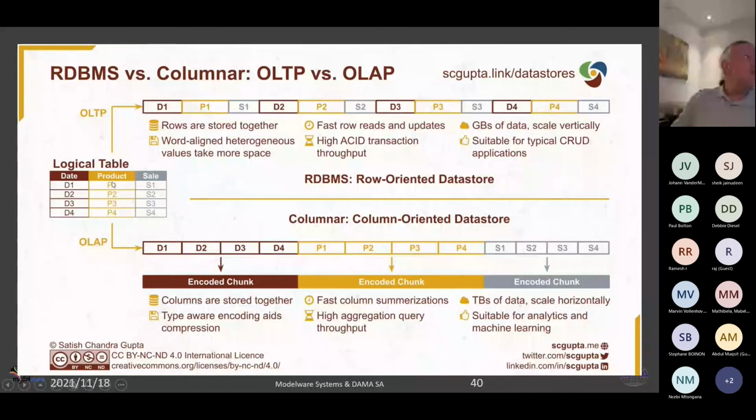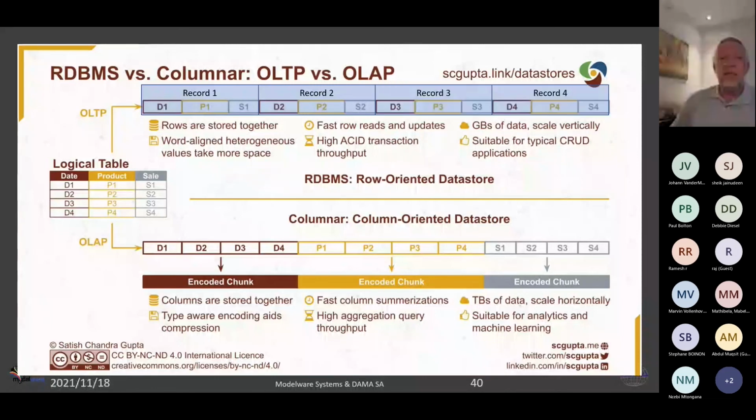Now, when you go into OLTP or relational, it stores record 1, record 2, record 3, record 4 into a block. And a block is typically 8K. You can change it, but each time you go over the block, you create another block, and your IO is happening at a block level.